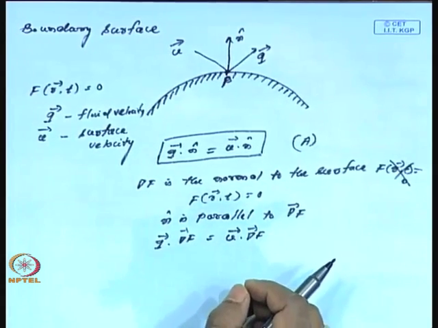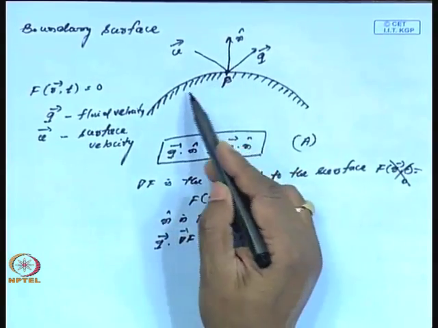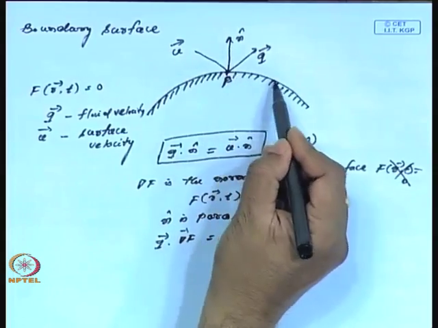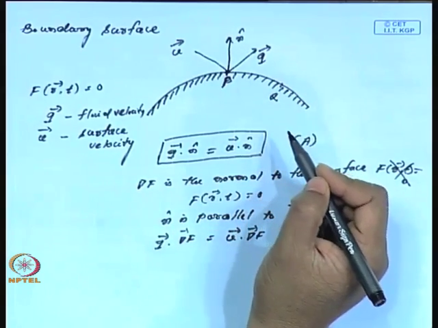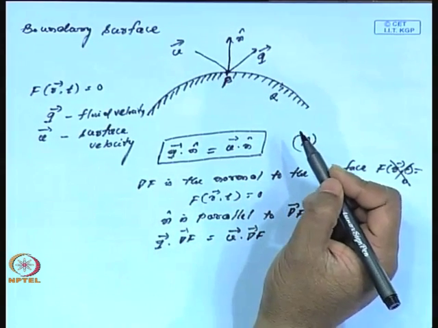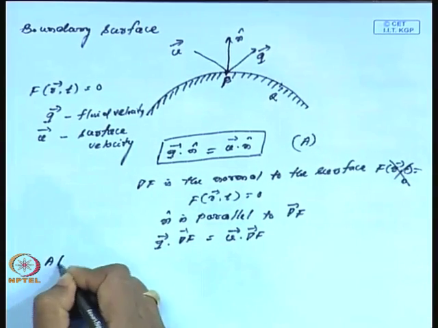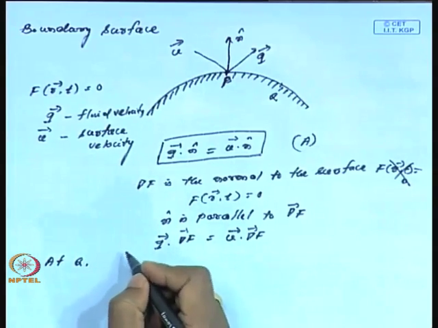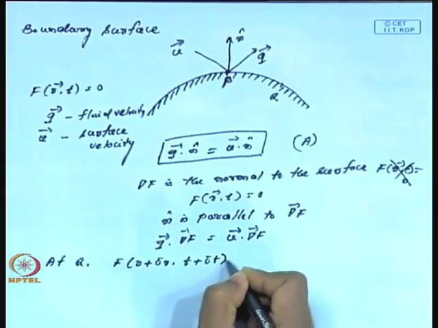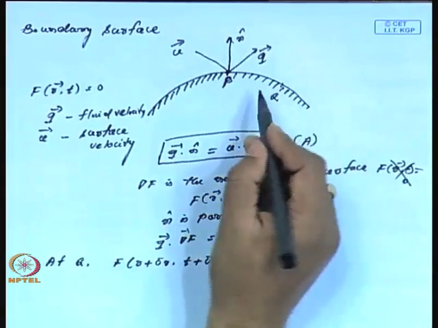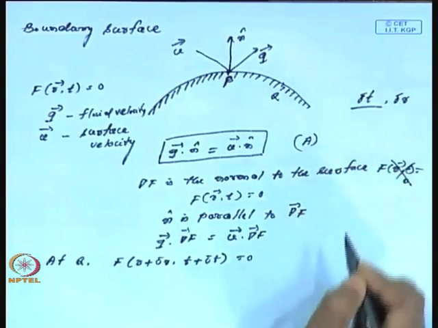Once these two are the same, now, because this is a moving surface, let us say that after time delta t, the point p moves to q, and at q the surface becomes f of r plus del r, t plus del t, because assuming that there is a shift of time with a change in time del t, let there be a change in the position del r.